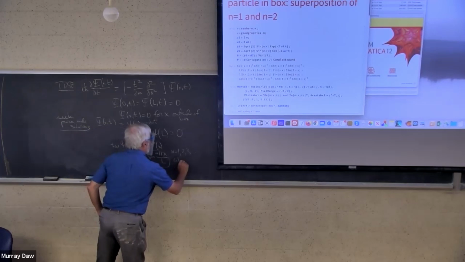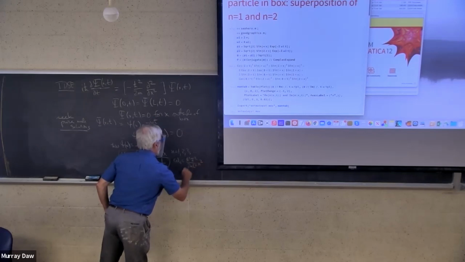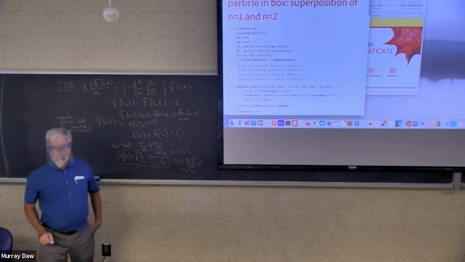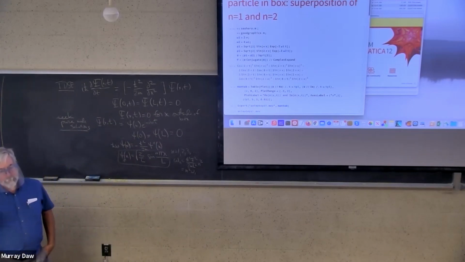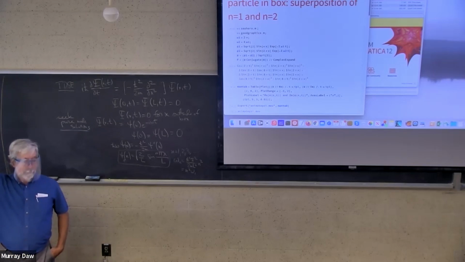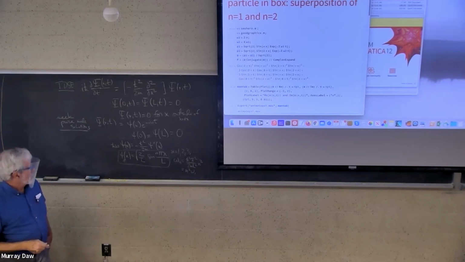Omega sub n is then h bar squared pi squared over 2m L squared times n squared. So omega n is n squared times the base frequency. So the first excited mode would be 4 times the frequency. So it'd be jumping up 2 octaves above the lowest mode.